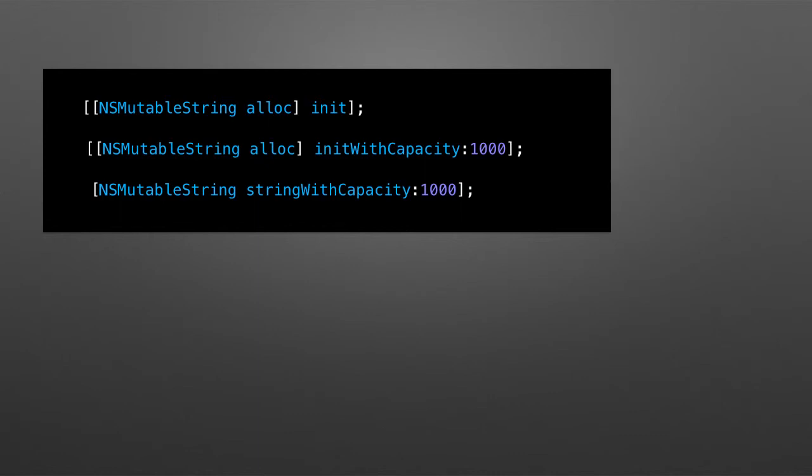It turns out that in earlier versions of Objective-C, before automatic reference counting, you had to worry a lot about memory management. In other words, if you had allocated something, you were responsible for releasing it. It wasn't done automatically for you.